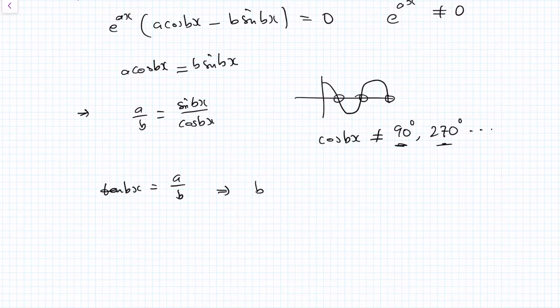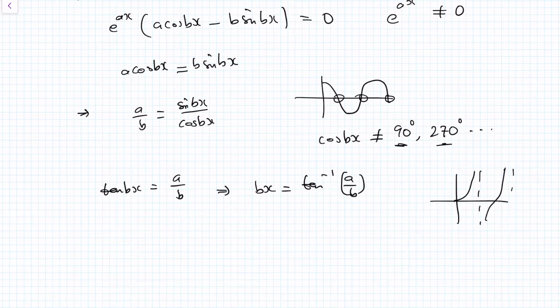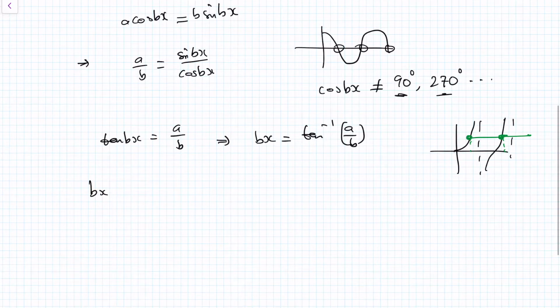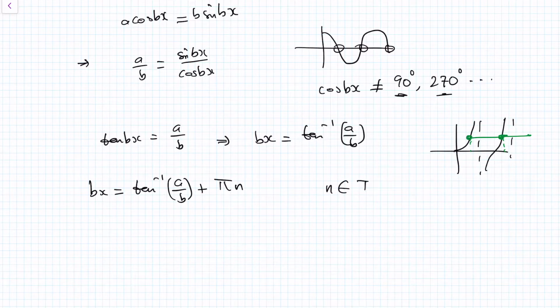That implies bx is equal to tan inverse of a over b. But since tan repeats itself every 180 degrees, or every pi, if we have a solution there, we will have another solution if we take steps of pi. In other words, we can write bx_n is equal to tan inverse of a over b plus pi n, where n is an integer.